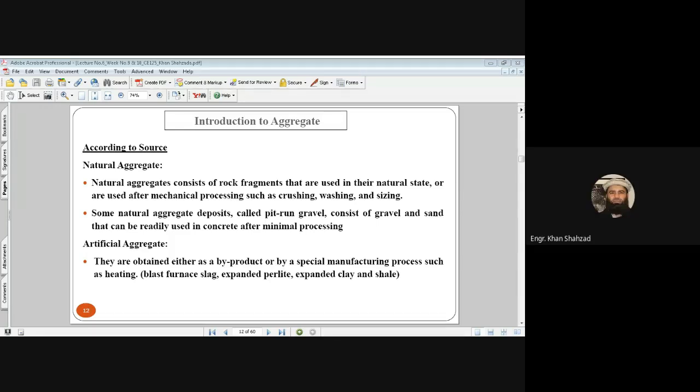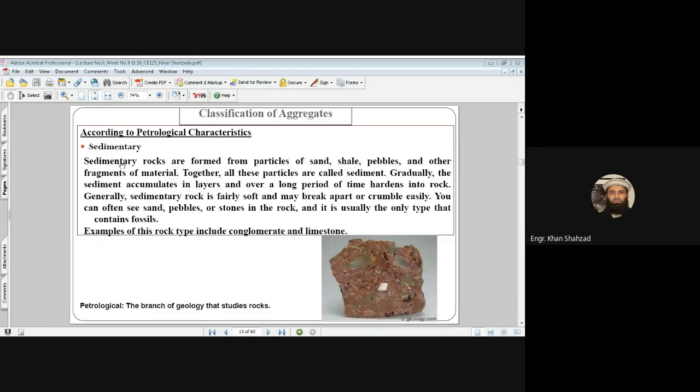Okay, good. So you remember this. I was just checking whether you remember this or not. Sedimentary rocks are formed from particles of sand, shale, and pebbles, and other fragments of material. Together, all these particles are called sediment. Gradually, the sediments accumulate, ये जमा हो जाते हैं in layers and over a long period of time harden into rock.